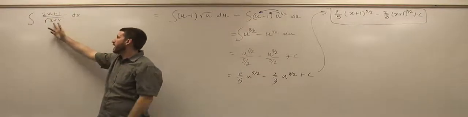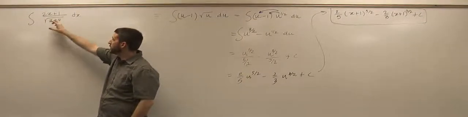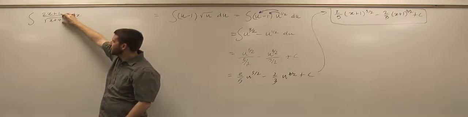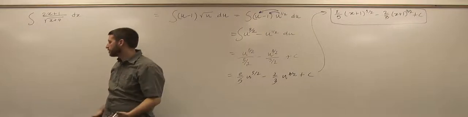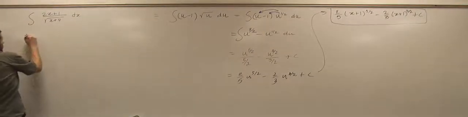I would hope that I can make u equal to x plus 4, because it looks like x plus 4 is inside of the square root. So it looks like x plus 4 is my inside function. So you can try that.